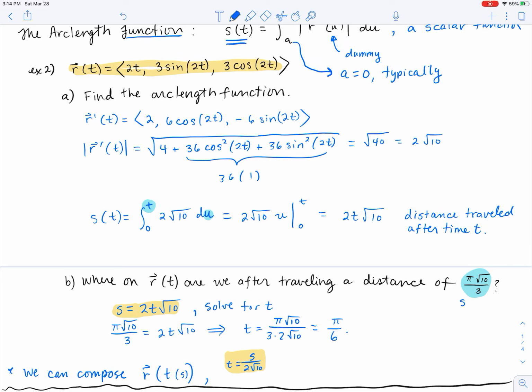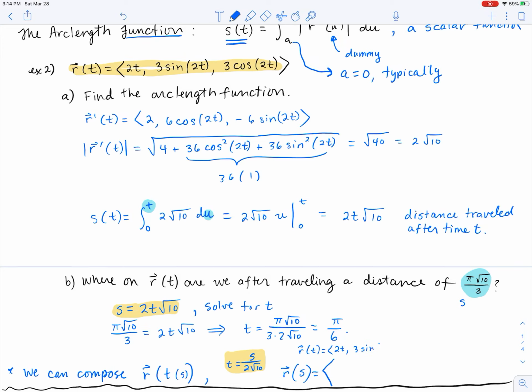So what we're going to get is an r that's in terms of s, which is arc length. All we're doing is rewriting r. So 2 times t, instead of 2 times t, let me put what r of t is right above here so that I can scroll down a little.